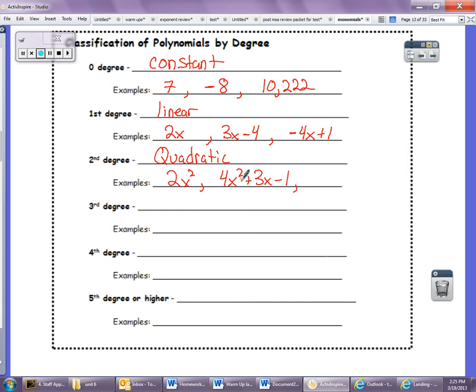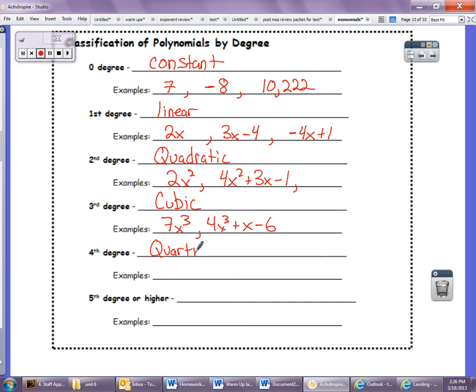So there are some examples of quadratic. Third degree is called a cubic. So the highest degree is 3. We might have 7x to the third, or we could have 4x to the third plus x minus 6. Fourth degree is called quartic.